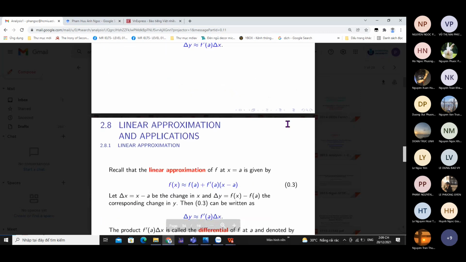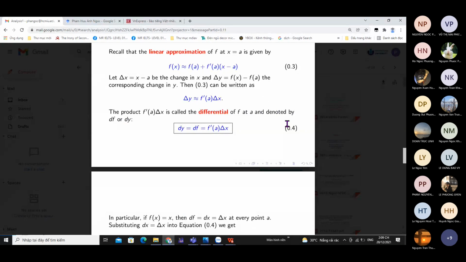All right. In mathematics, the product of f prime of a times delta x equals the differential of the function f at a. It's just the product of f prime of a and delta x. And in general, we replace the number a with an arbitrary number x0. You have the differential of the function f defined by f prime of a times delta x.